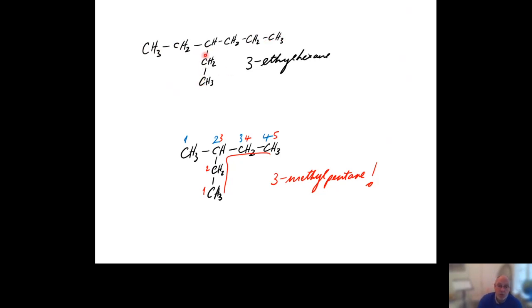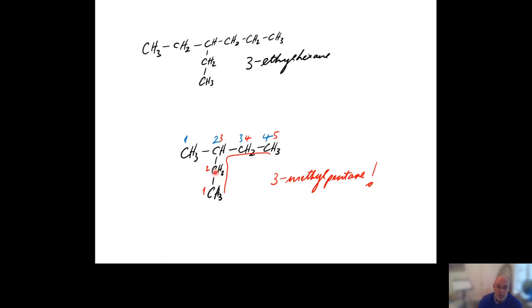If this was my longest carbon chain, then this would be 1, 2, 3, 4, 5, 6. So it would be hexane, and it would have an ethyl group on the third carbon. If you take this as your longest chain, this is also an ethyl group on your third carbon. So it actually doesn't matter which you take as your longest chain. Either way, you get exactly the same name.